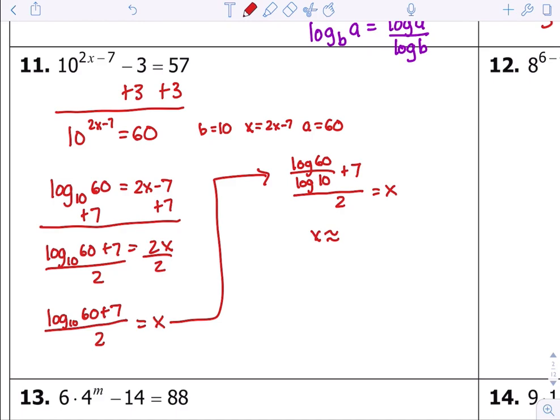So log of 60 divided by log 10, add 7, and then divide it by 2. And that's going to give you guys 4.39. X is roughly going to be around 4.39.